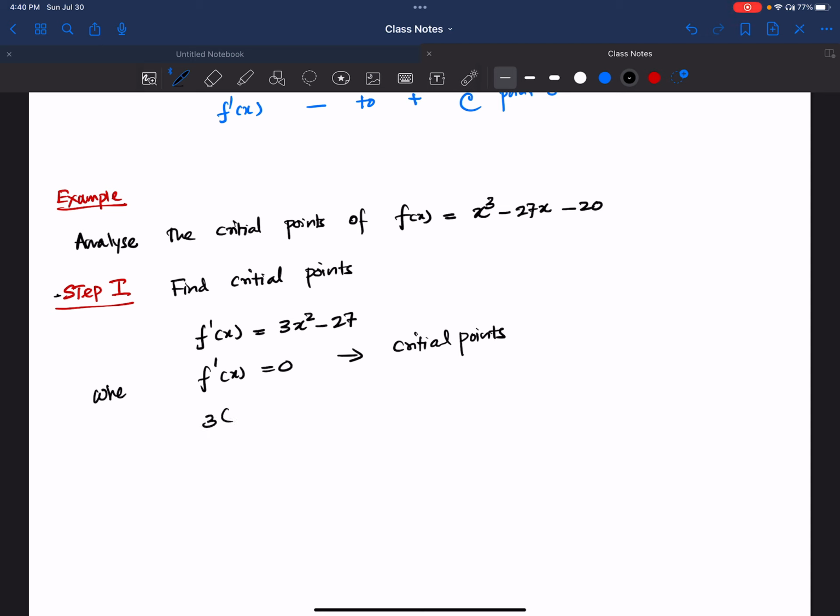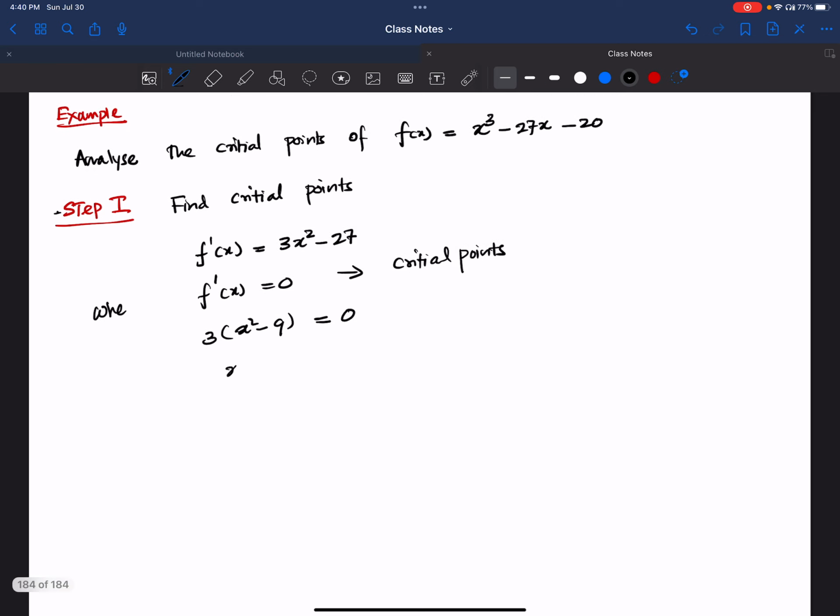So I have 3 times x squared minus 9 equals 0. That means x minus 3, x plus 3 equals 0. x equal 3 or x equal negative 3 are critical points.